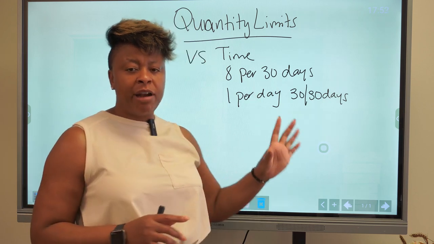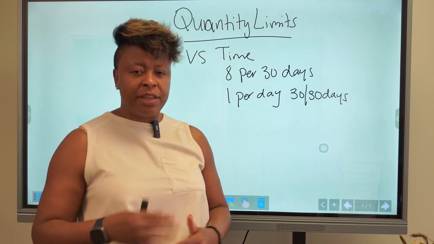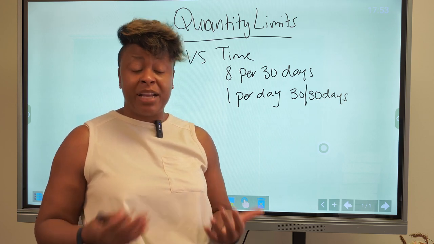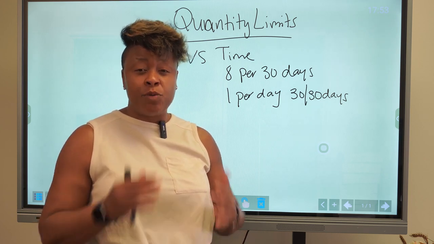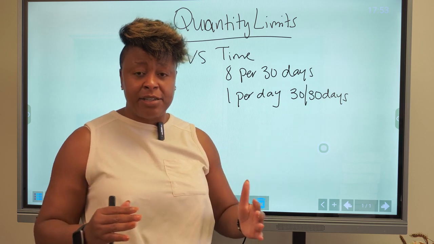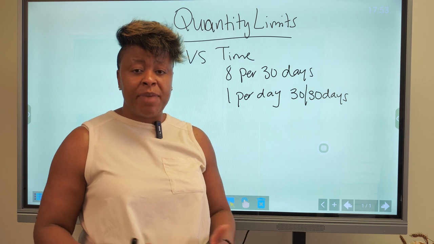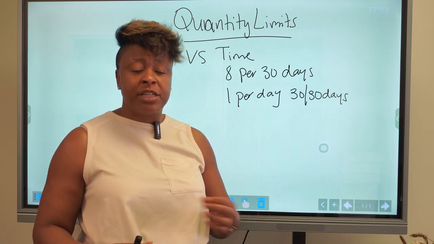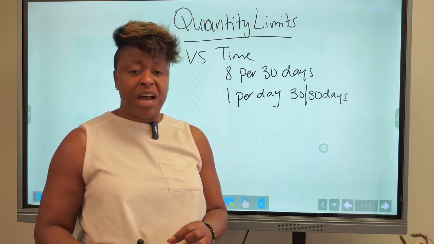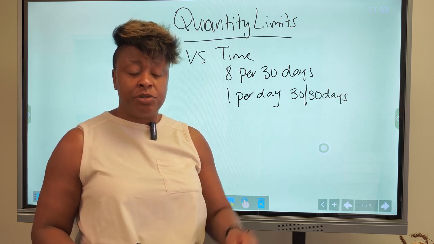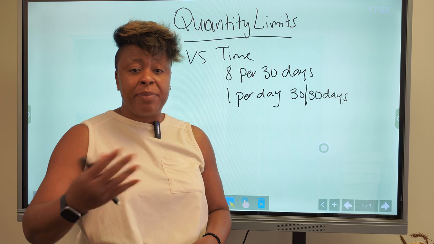So when it comes to quantity limits, there's a couple of reasons why the insurance company may put a quantity limit restriction. It could be if the medication is very costly, and so they want to make sure that the dosing guidelines are within what the clinical criteria says. So it may be a very expensive medication. Clinically, you're only supposed to take it 2 times per day. So they want to make sure that the dosing is in line with the 2 times per day, to avoid, maybe it was a mistake.